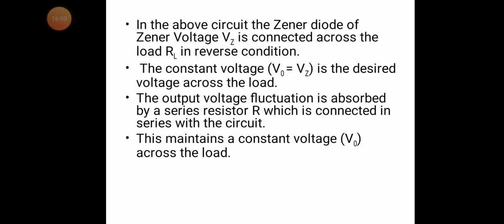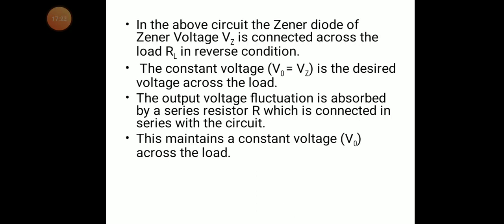By this adjustment, by this absorption, the voltage across the Zener diode must be a constant VZ. This maintains a constant voltage across the load V0. So in the above circuit, the Zener diode of Zener voltage VZ is connected across the load RL in reverse condition.